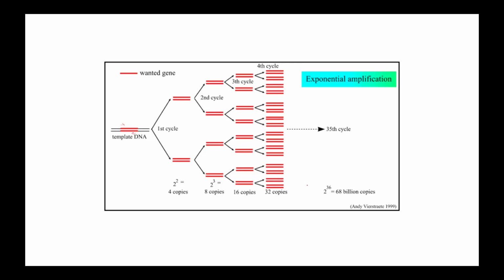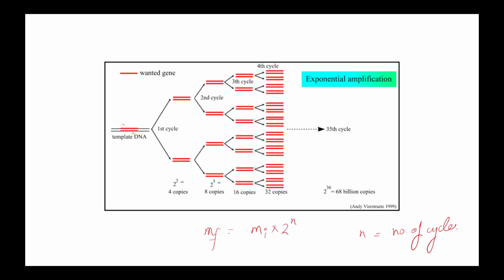So if we start from 1, this is the formula to calculate the final copies. N is the number of cycles.